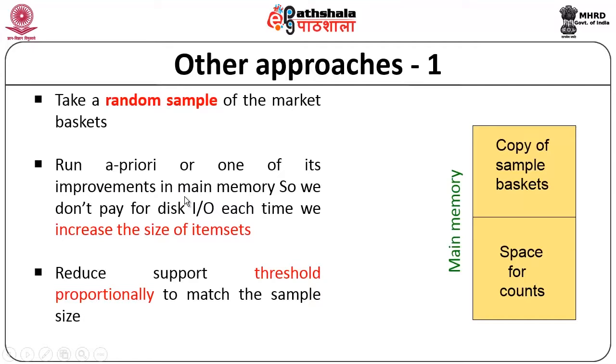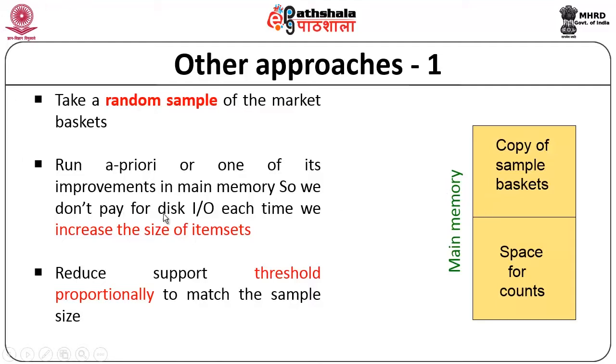So, what you can do is have a main memory mapping like this. You can have a space separately for counts and then a copy of the sample buckets. What we are trying to do here is apply a random sampling method for the market baskets. That is, you are going to run a priori on one part of the main memory. Instead of performing multiple input output tasks, you are going to restrict the number of input output tasks, but you are going to increase the number of items in the given memory.